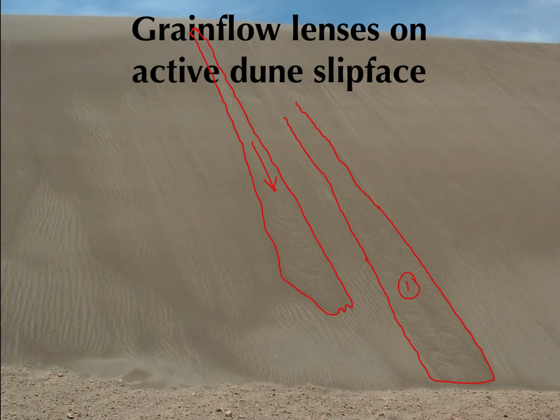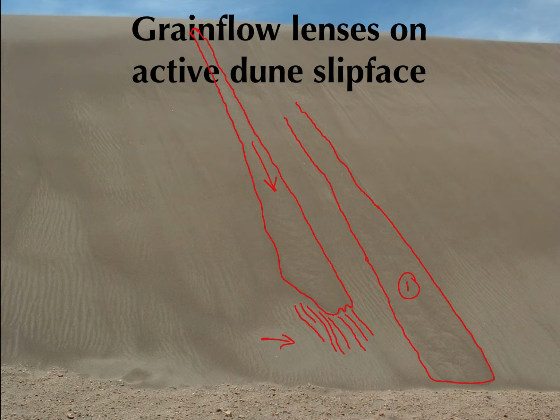You can see that these Grainflows, however, are deposited on top of an older set of ripples that were migrating along this dune slip face under a wind current that was blowing parallel to it, sort of like that.